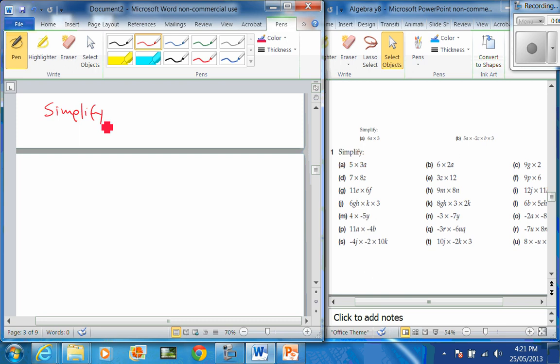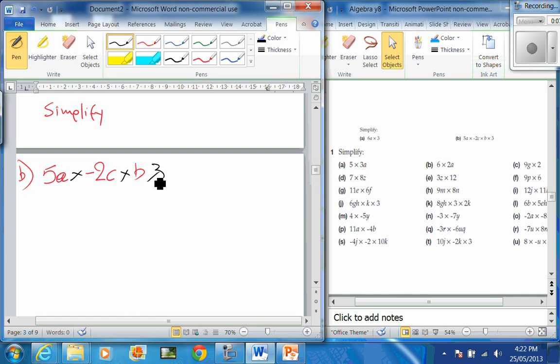Let's start working. I'm writing the B example. It reads 5a times minus 2c times b, sorry, I needed to write, times b times 3.